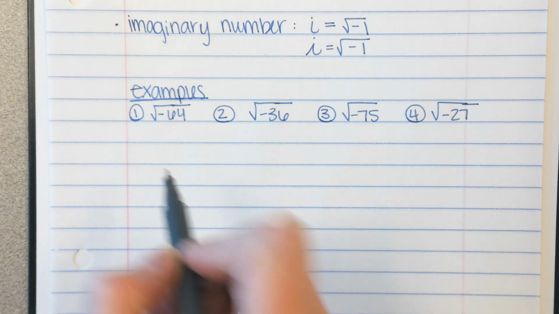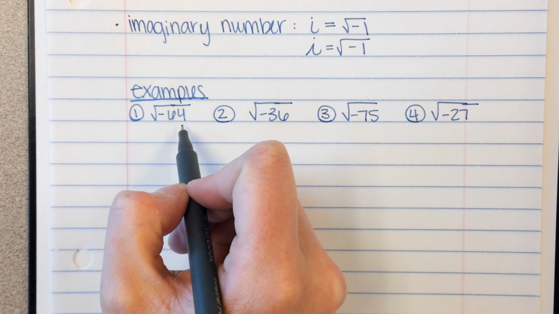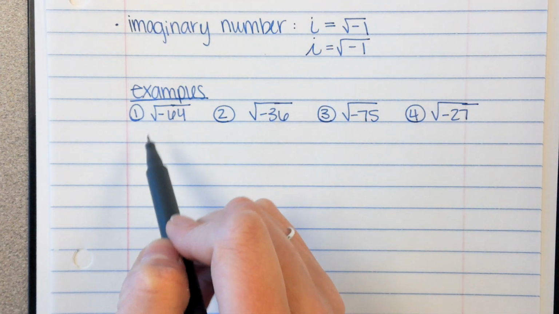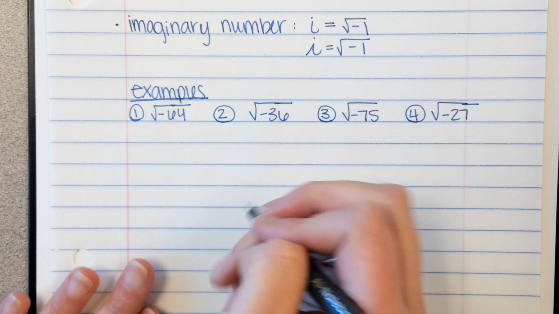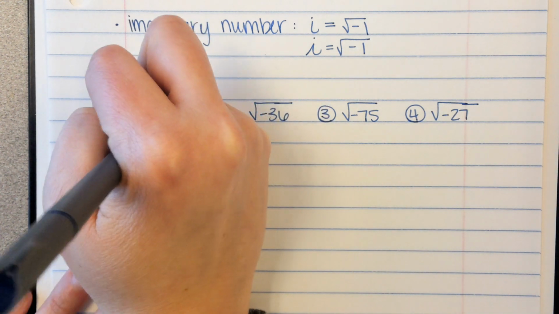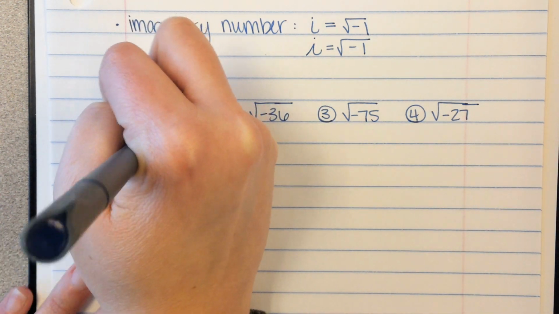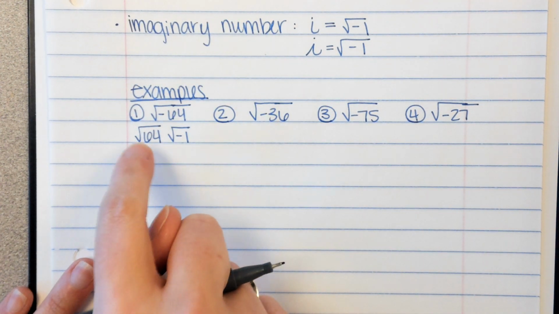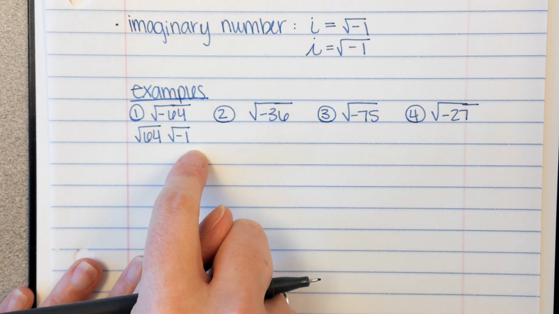Okay, so we have the square root of -64. Now, I'm going to show you why you can pull an i out, but then you don't have to work that out every single time. So we know we can break a square root up into two parts. So this is the same as the square root of 64 times the square root of -1.